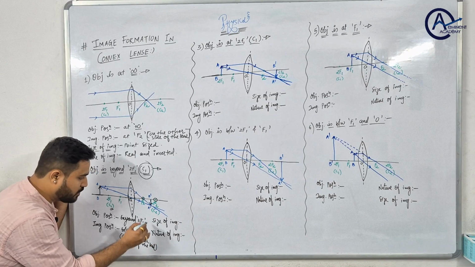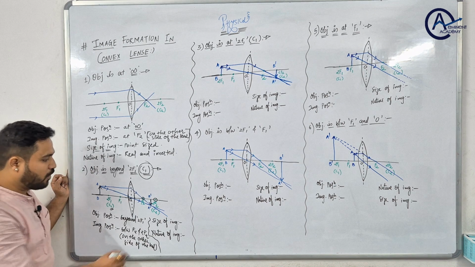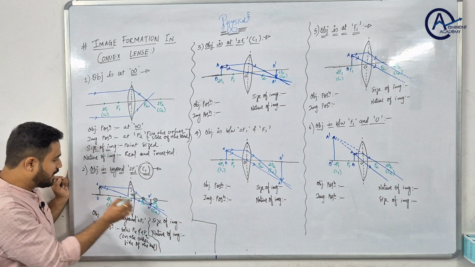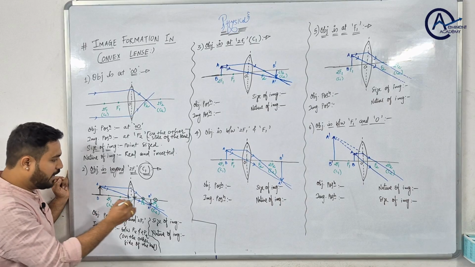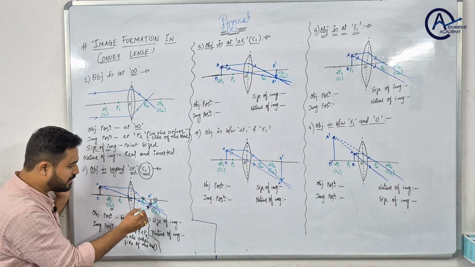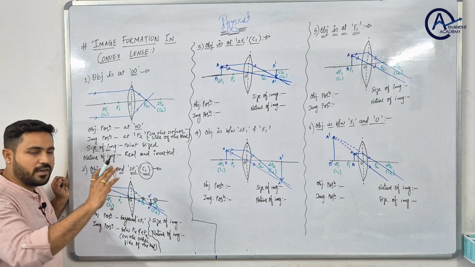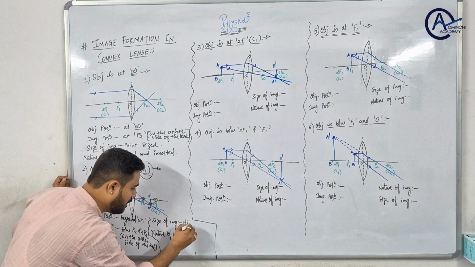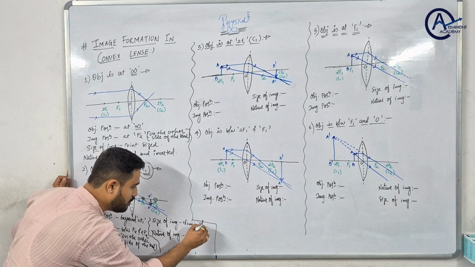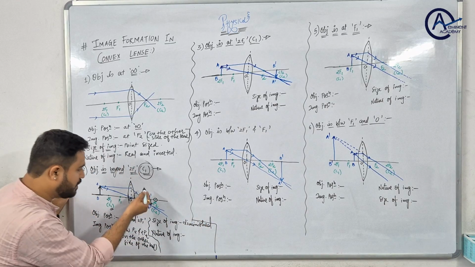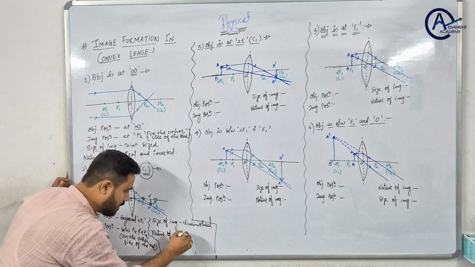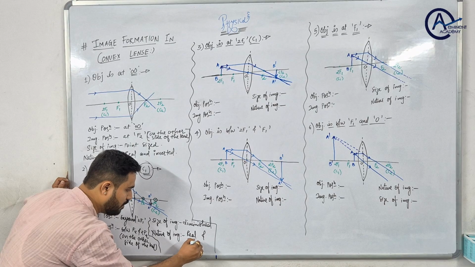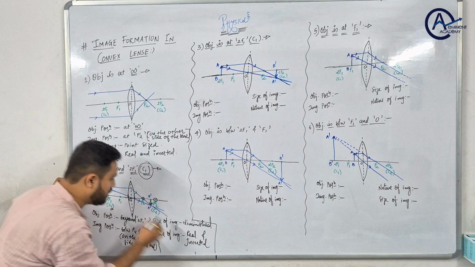What can we say about the size of the image? Here we can see that the object's size is AB and the image's size is A dash B dash. It is diminished, that is, smaller than the object. So here we write diminished, and the nature of the image is real and inverted. Clear? So this is the second case.